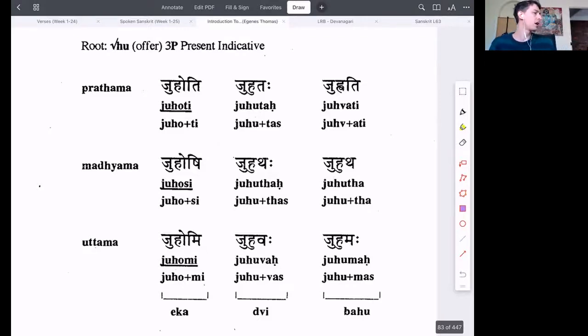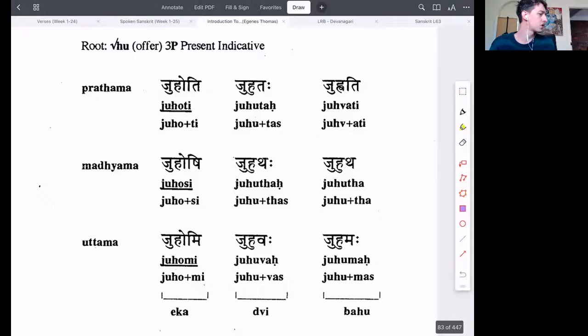And by the way, on page 74, the entire dual and plural is highly uncommon in any text, so you don't even have to remember the dual and the plurals. Also on page 75, the entire dual and plural is hardly ever used. You don't have to memorize dual and plurals on pages 74 and 75.